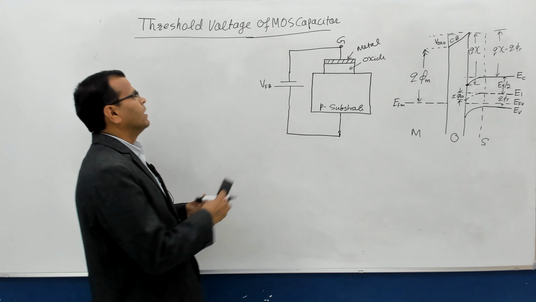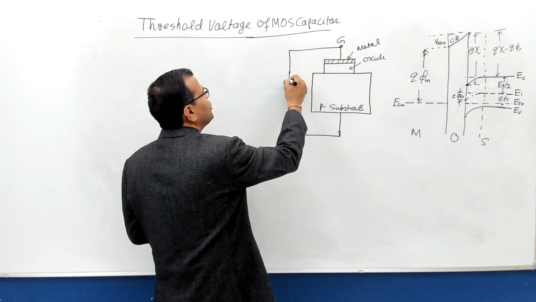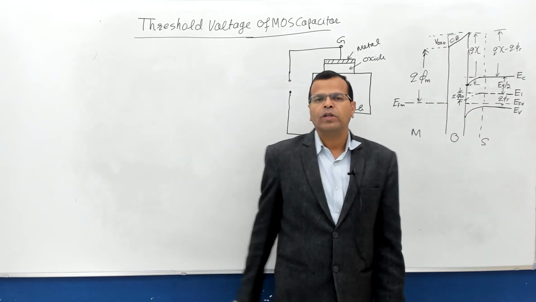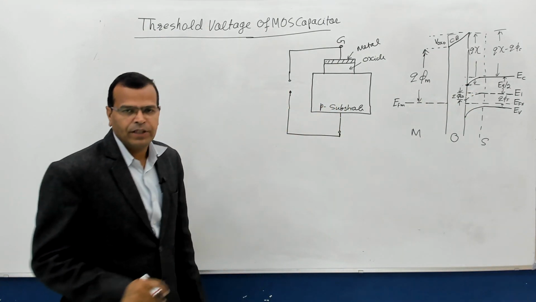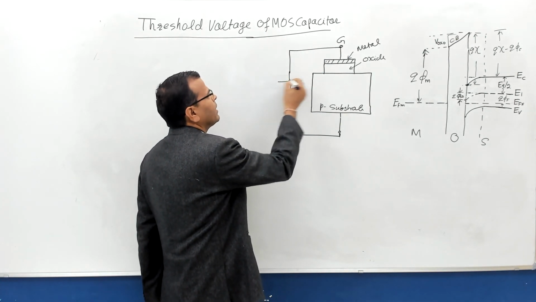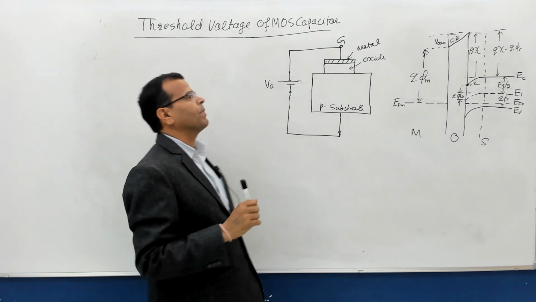Right? Now, before I go with the expression in detail, let us see the voltage applied. When you apply a positive voltage at the gate terminal like this, this is the gate voltage, positive at the gate, what will happen?